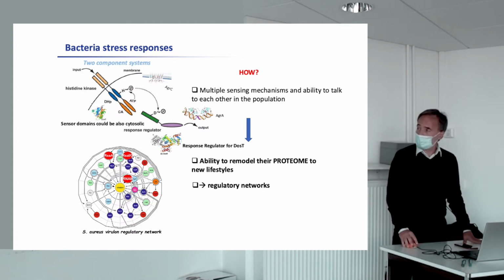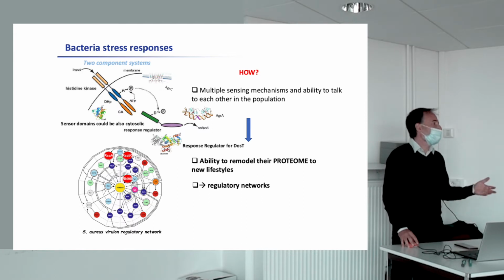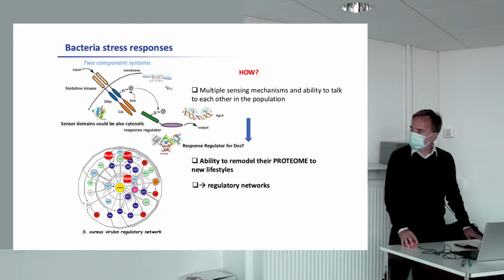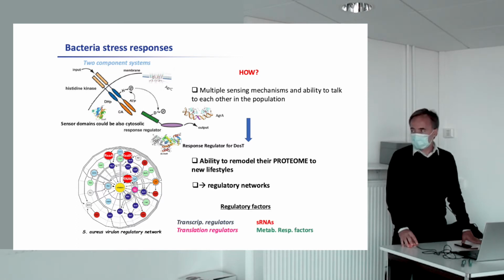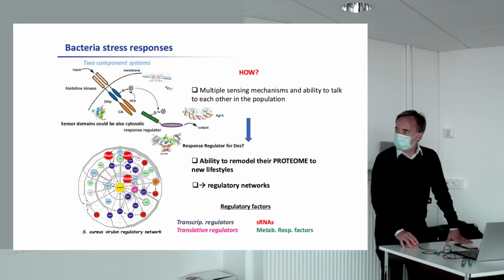Those virulence factors are regulated by the two-component systems, but also by several RNA regulatory molecules, the small RNAs, as we name them in bacteria, and by other regulatory proteins, transcription factors, translation regulators. So as you can see, it can get quite complicated.